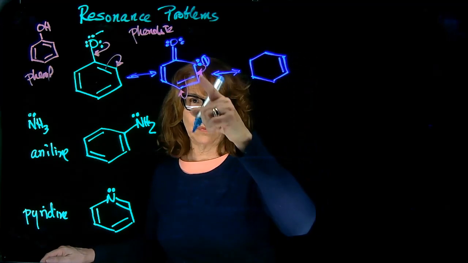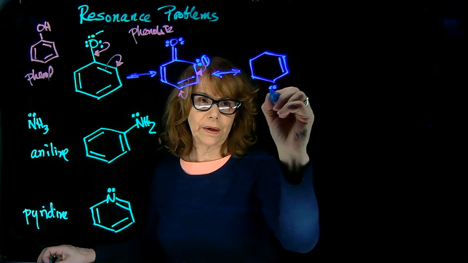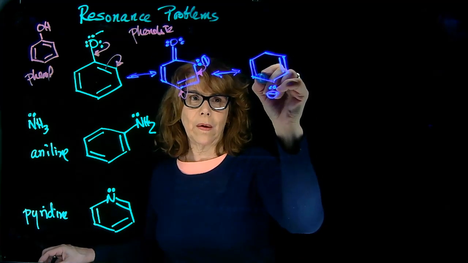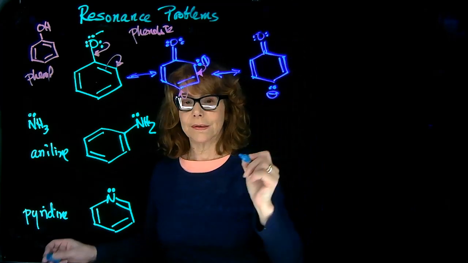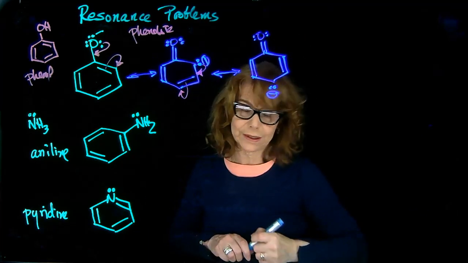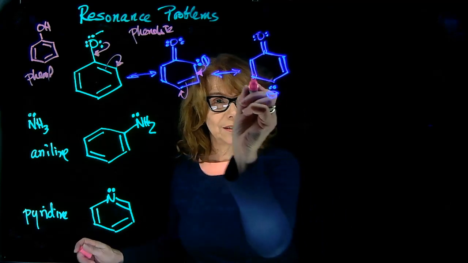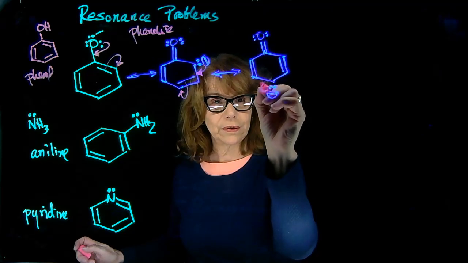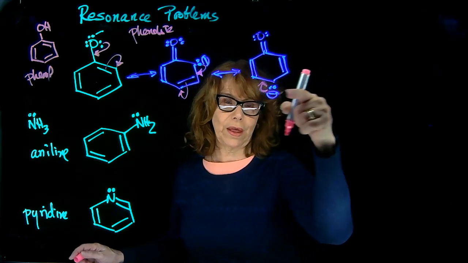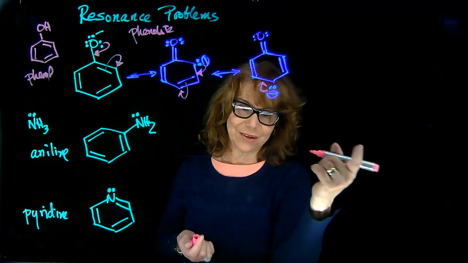I'm creating a double bond here, and because I'm moving that, the lone pair is here and the double bond here. Can we keep moving electrons? We can. The lone pair here is allylic to this double bond, so I could move it over to the other side, but I'd get back here, and that's not what I want.